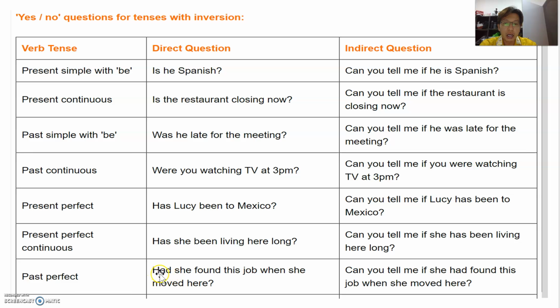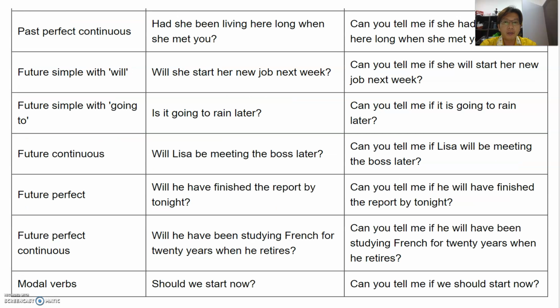Okay, the order had she, we change to she had. Can you tell me if she had found this job when she moved here? We try another. Had she been living here long when she met you? Had she. So see here we change the order. She had. Can you tell me if she had been living here long when she met you?